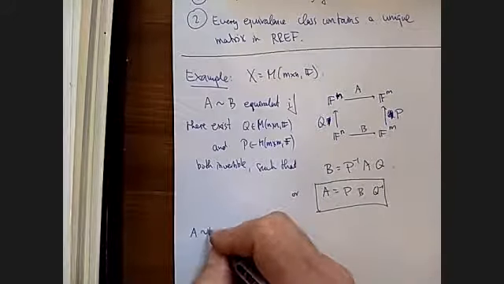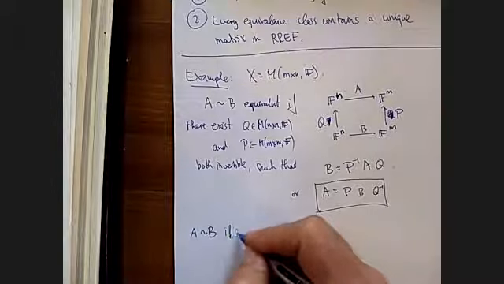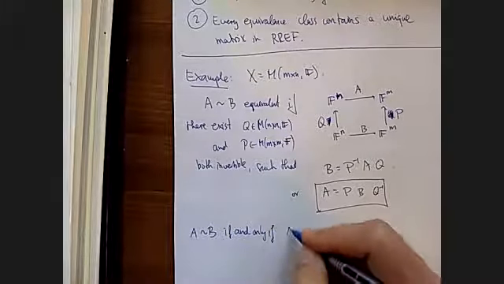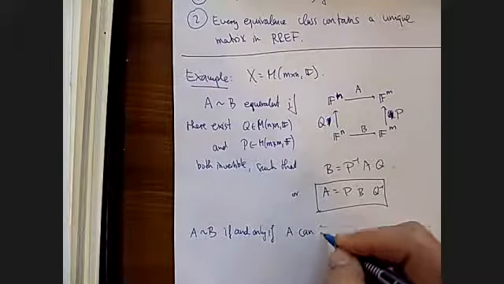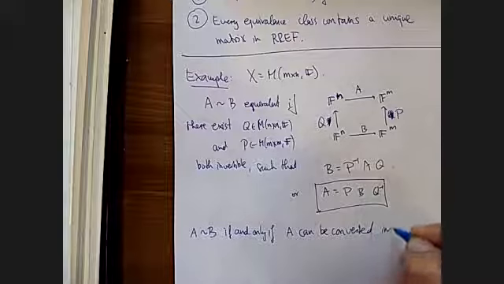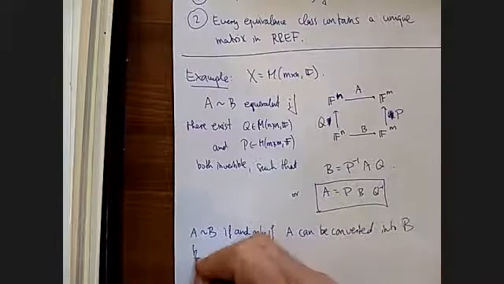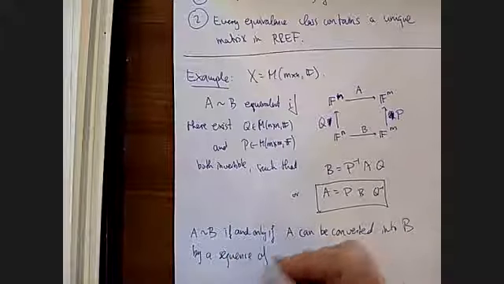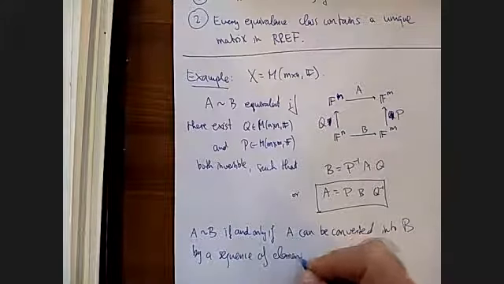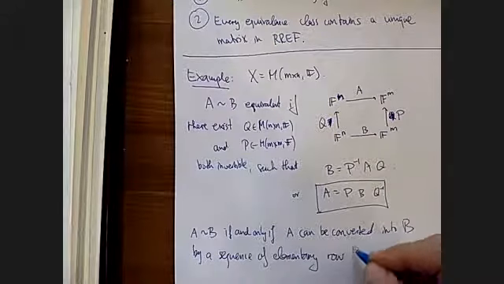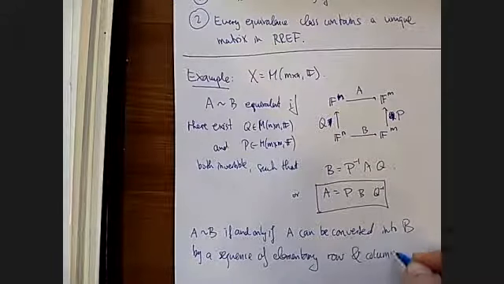So A is equivalent to B if and only if A can be converted into B by a sequence of elementary row and column operations.